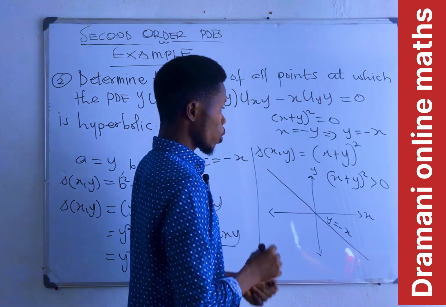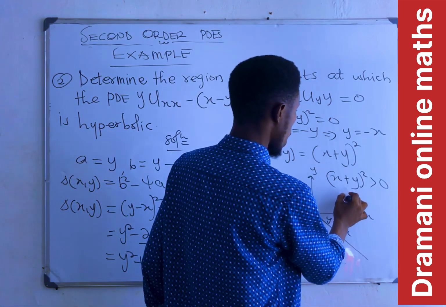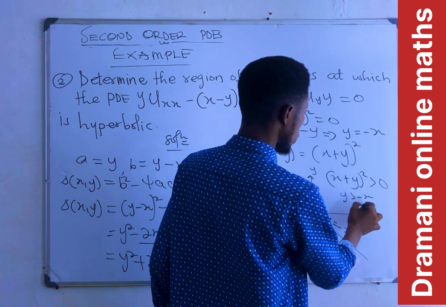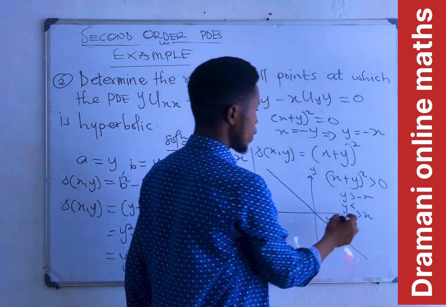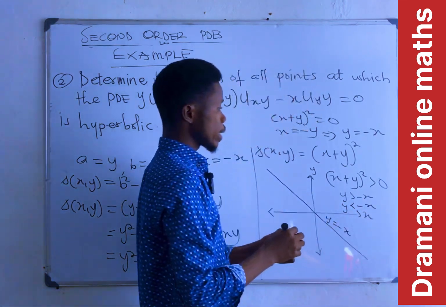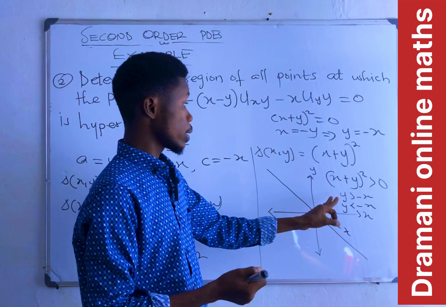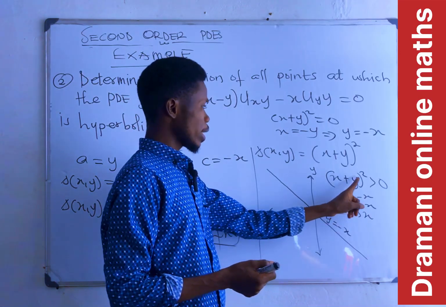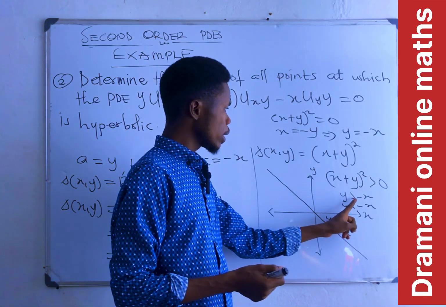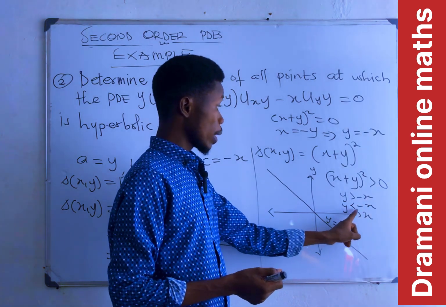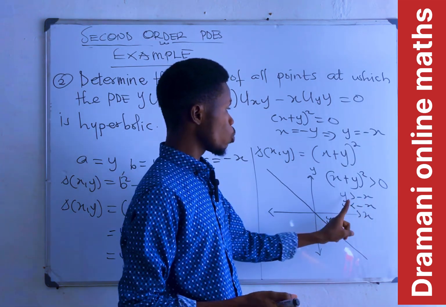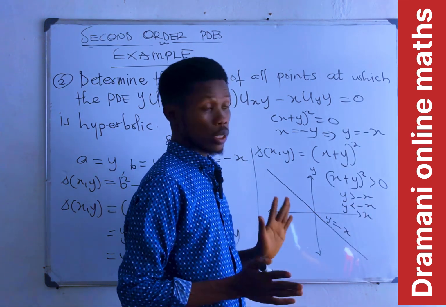But what happens here is that you can get y being greater than negative x or y being less than negative x. That is how we solve the inequality. There's a square here, so either it's y being greater than negative x or y being less than negative x. What this means is that whatever you put here, you still get positive.